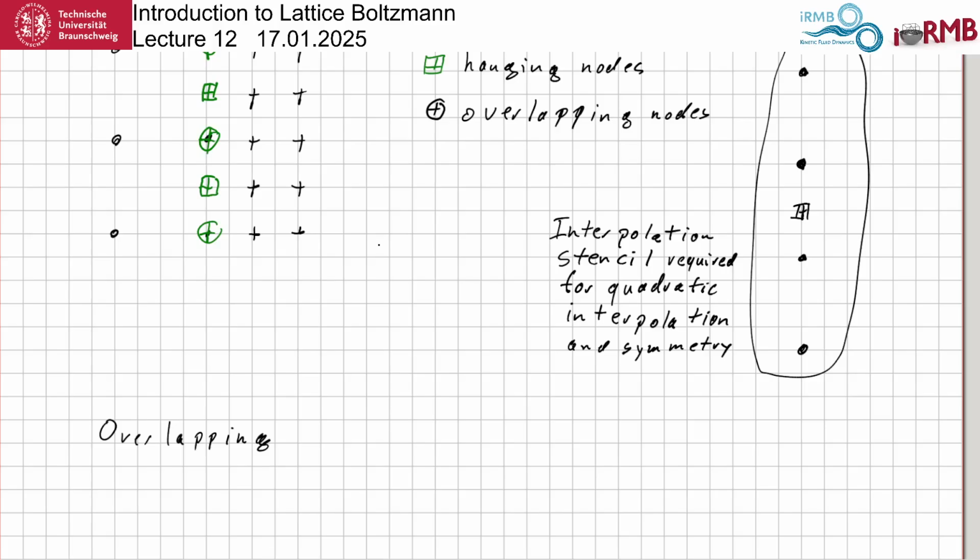Some people prefer to have these overlapping nodes because apparently they require no interpolation in space. I mean, this is the thing that I was telling you all the time now, right?